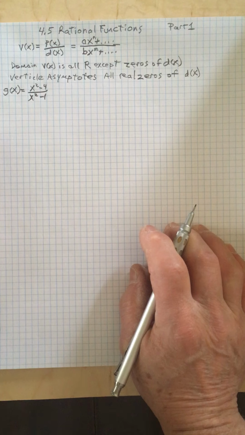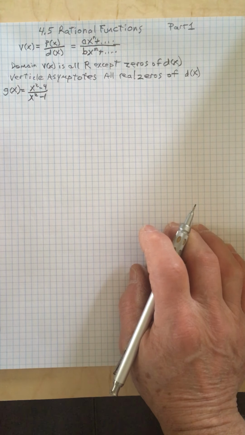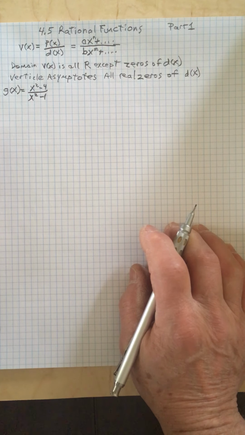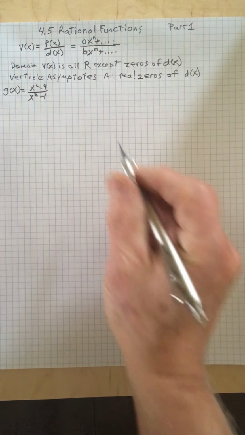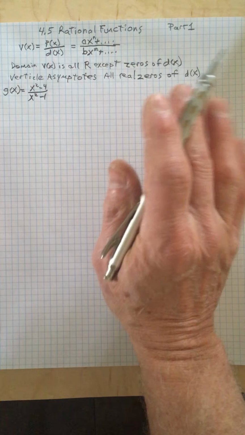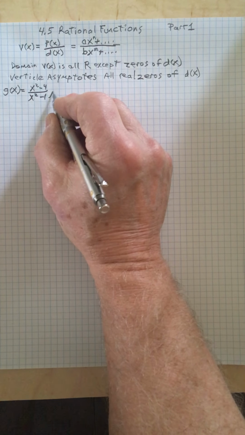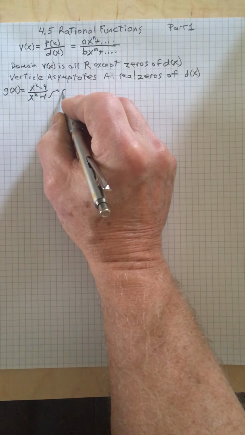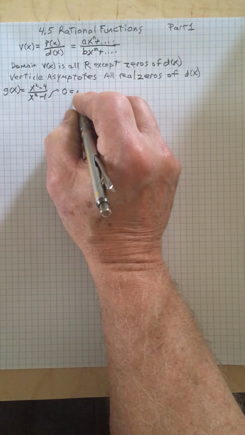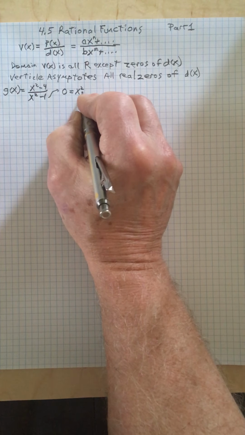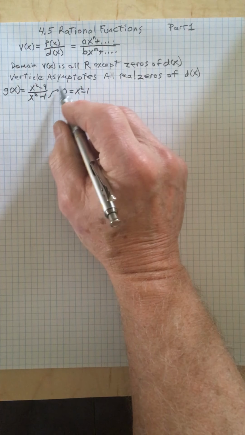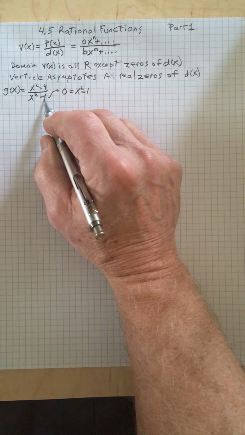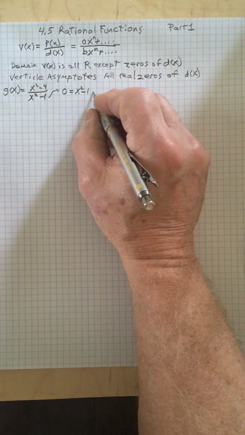What we'd like to do is define the domain and also lay out the asymptotes so we get an idea of what this graph's going to do. Number one, we don't care what's on top. Ignore that. We're just looking at the bottom, and I'm trying to get zeros. So in other words, what x values give a 0 for this function down here?